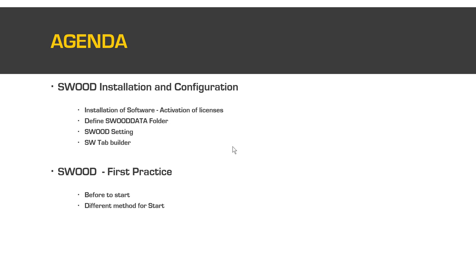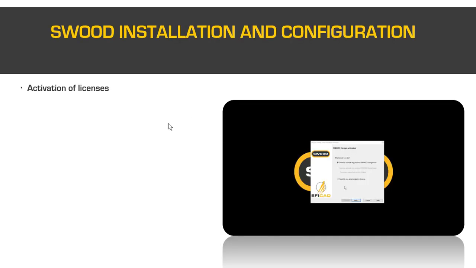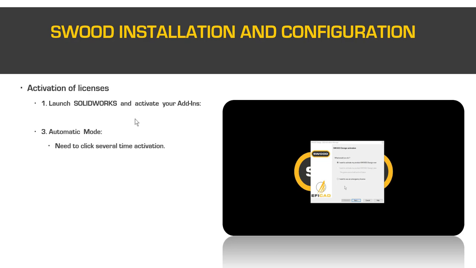So let us start with the first slide. How we can activate SWOOD licenses. So let's see here. When you installed SWOOD and after you launch SolidWorks, you should activate your add-in of SWOOD.